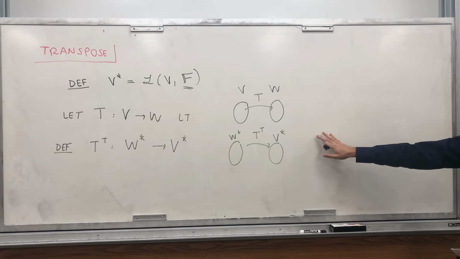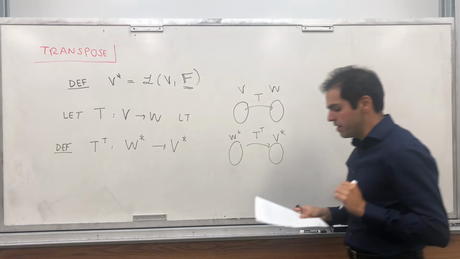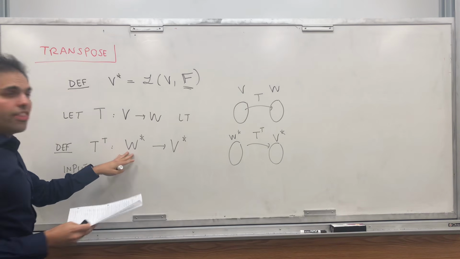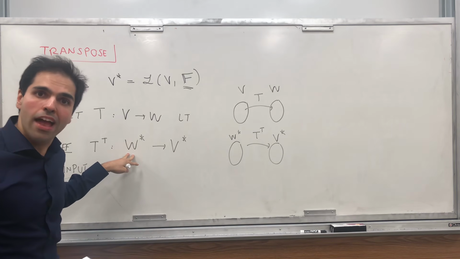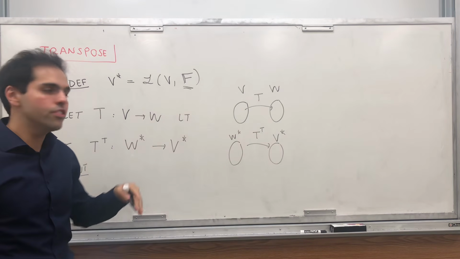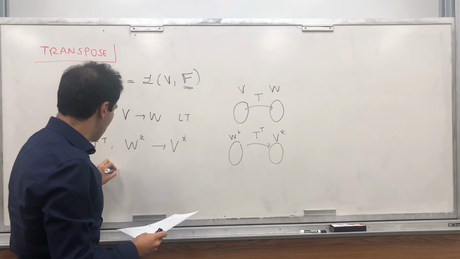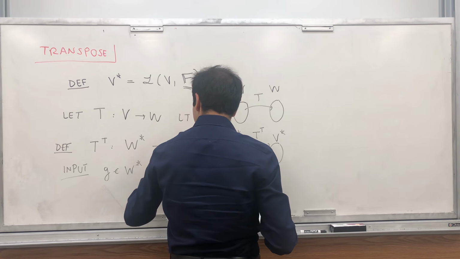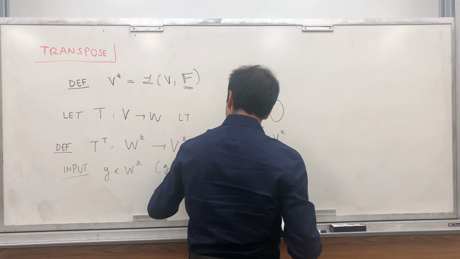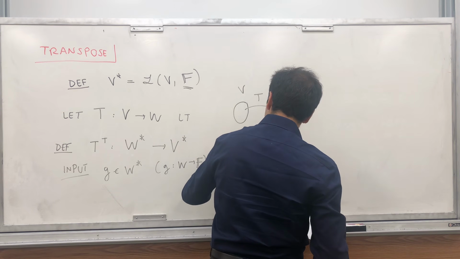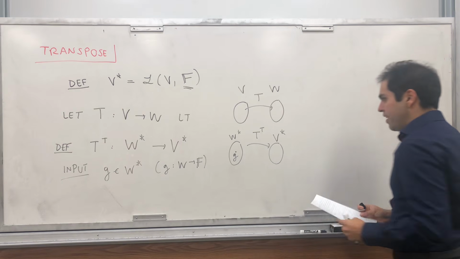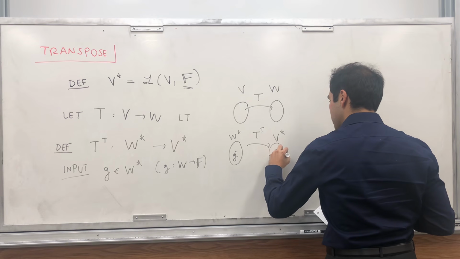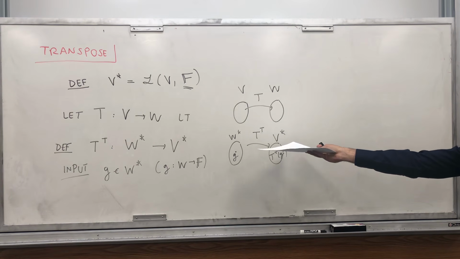And in particular, let's see what the input and the output is. So the input is something in W star. But remember, elements in the dual space are linear transformations. So the input is some linear transformation from W to the field. G goes from W to F, and that's the input. And what is the output? T transpose of G is an element in V star.